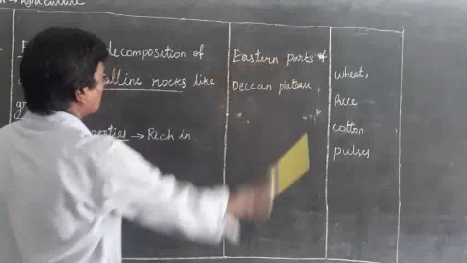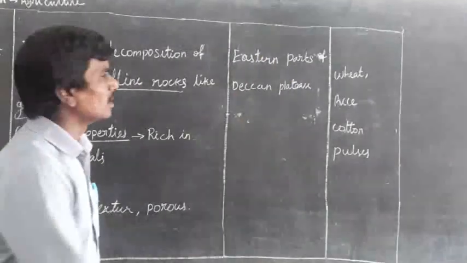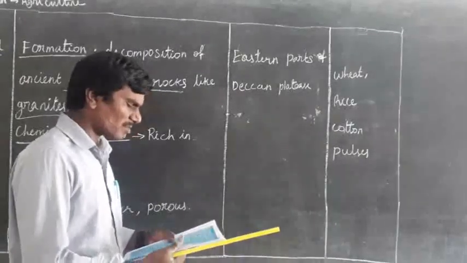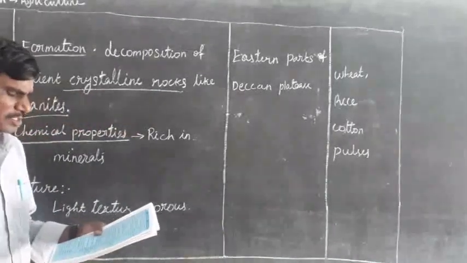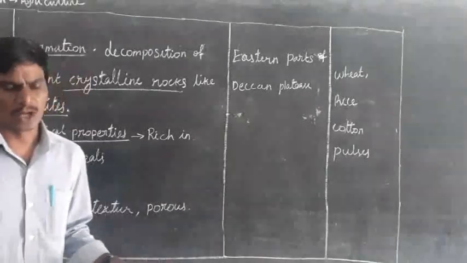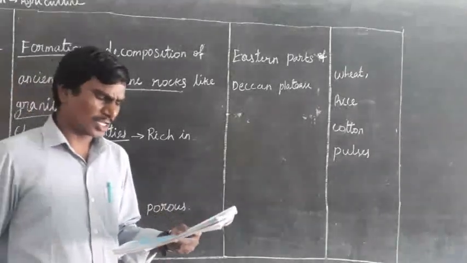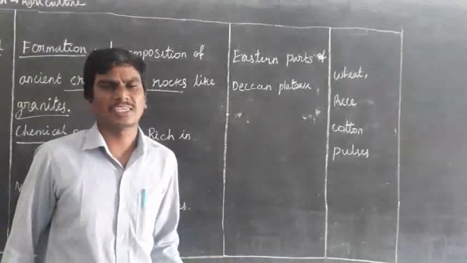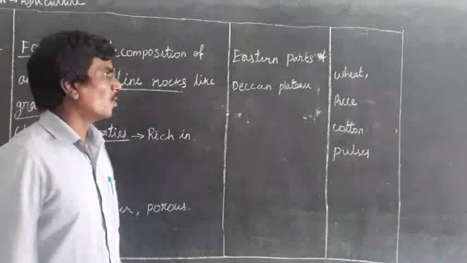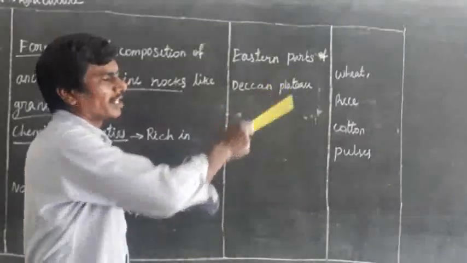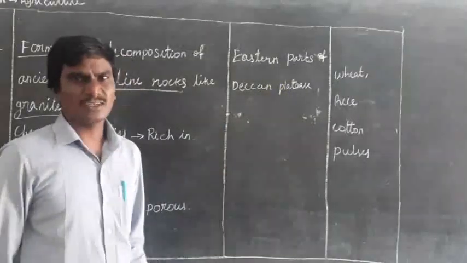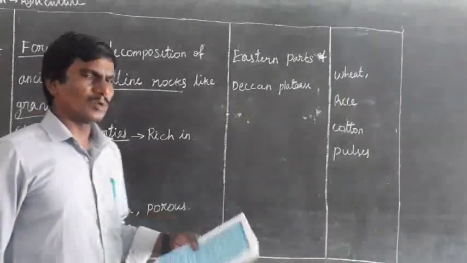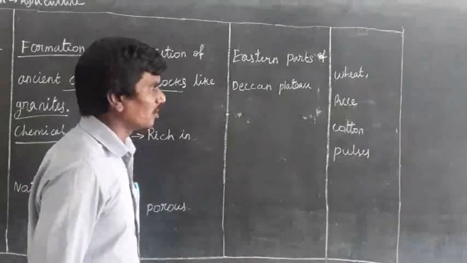The distribution of these red soils: the eastern part of the Deccan Plateau, the southern states of Kerala, Tamil Nadu, Karnataka, and the Chotanagpur Plateau.